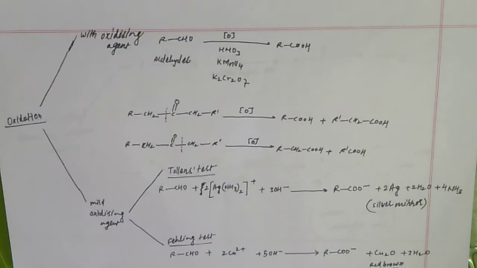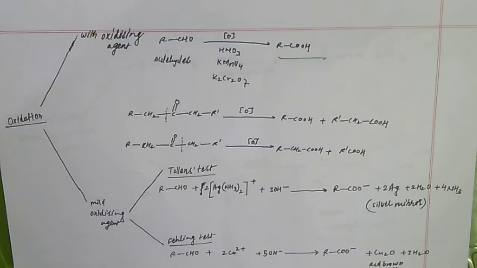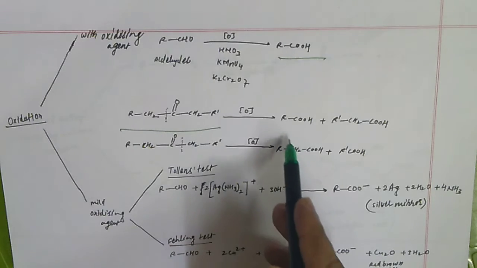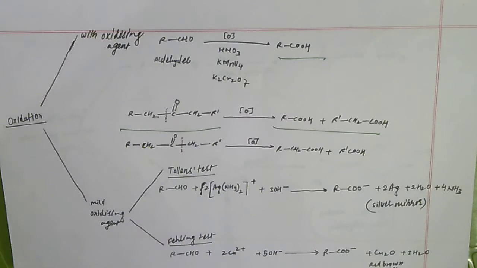If you are taking a strong oxidizing agent like nitric acid, potassium permanganate or potassium dichromate, these will easily give the carboxylic acid. Even if you have a ketone, with vigorous oxidation it will also give carboxylic acid, and the product will be decided depending on the cleavage of the ketone.